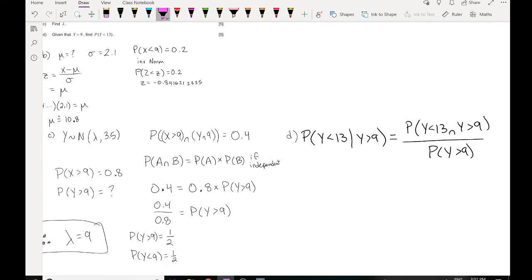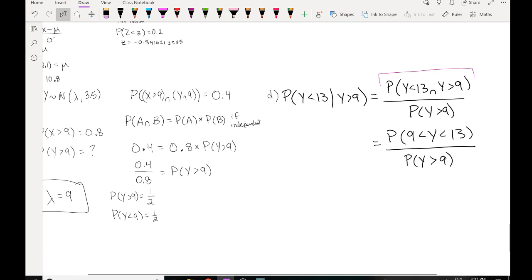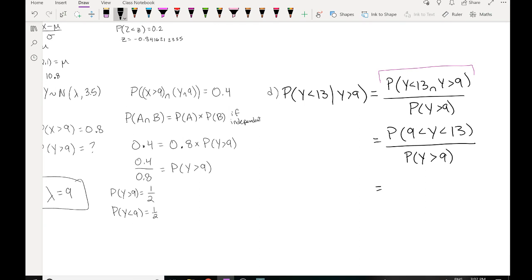Now, I can rewrite this in a better way, because the probability that our random variable is less than 13 and greater than 9 is actually just the probability that y is between 9 and 13. So we've already figured out the denominator here. The probability that y is greater than 9 is 1/2.